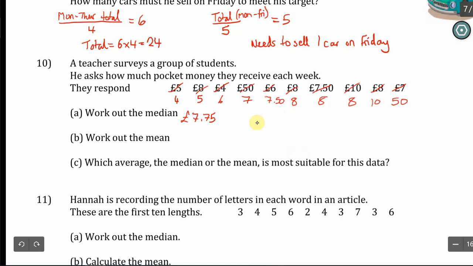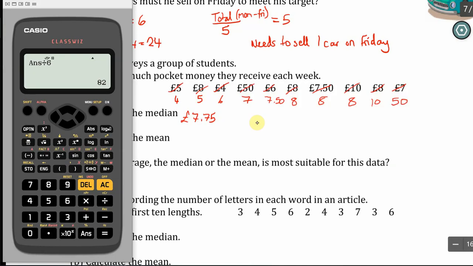The mean, let's add them all up. Okay, so it comes to this, and then when we divide that by 10, it gives us a mean average of £11.35.